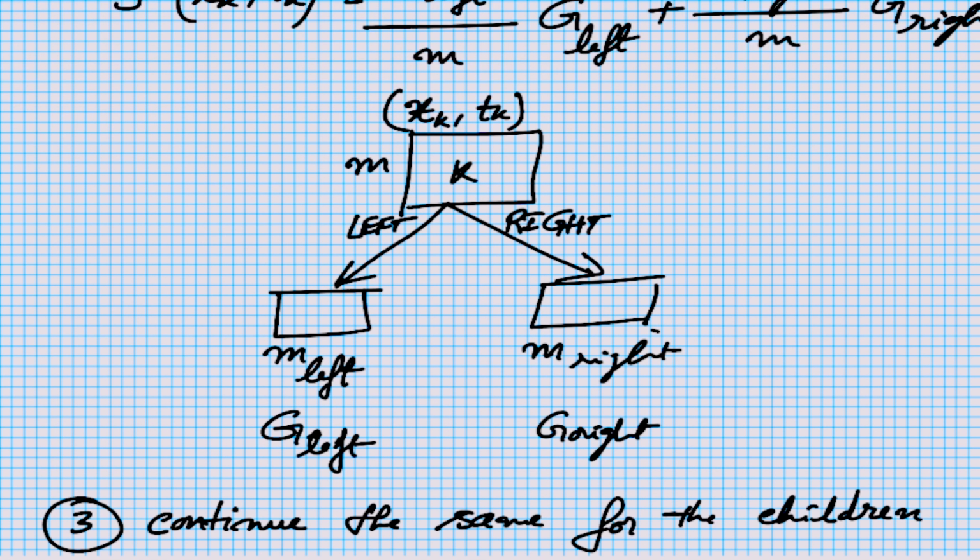For a given xk, change your t values, t1, t2, t3, t4, like 0.1, 0.2, 0.5, etc. Keep increasing. For every value, you get a left set and a right set, where something is true and something is false. There are m total elements when you ask a question. m left is the number which falls under true, m right is the number which falls to the right, and m is the total.